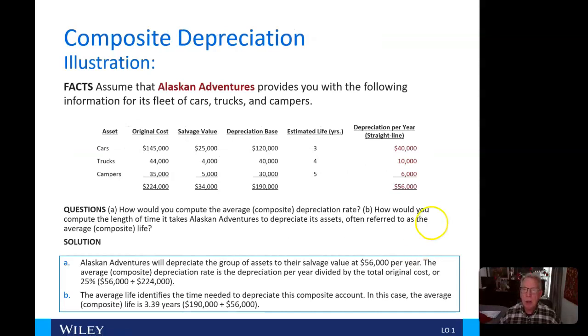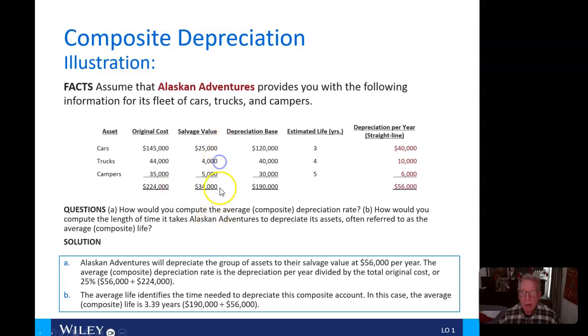So let's take a look at composite depreciation. Alaska Adventures provides you with the following information for its fleet of cars, trucks, and campers. And so originally, here's our cars, trucks, and campers original cost of $224,000.